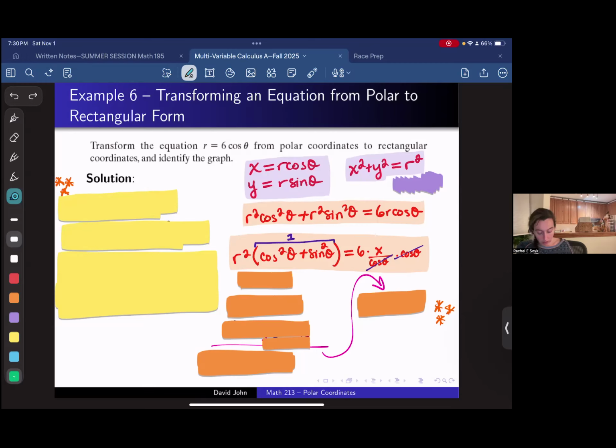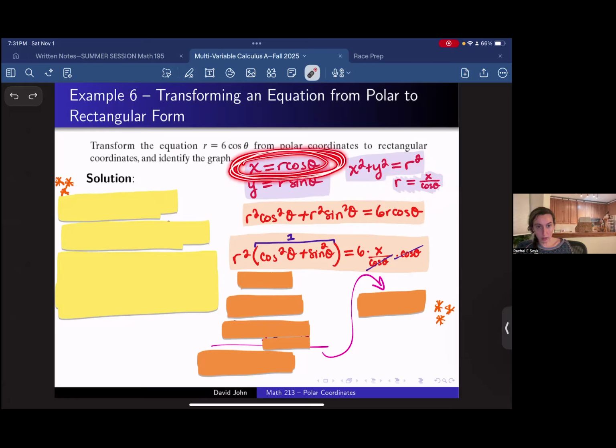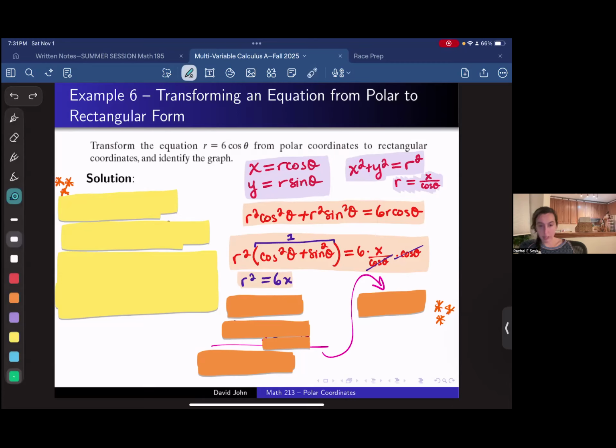Now, notice this r over here is where we are going to reveal that last purple thing. r is just the same as x over cosine theta, just getting r by itself. When we plug that in, these cosine thetas cancel out and we're just left with 6x. So essentially, we're looking at r squared is equal to 6x.